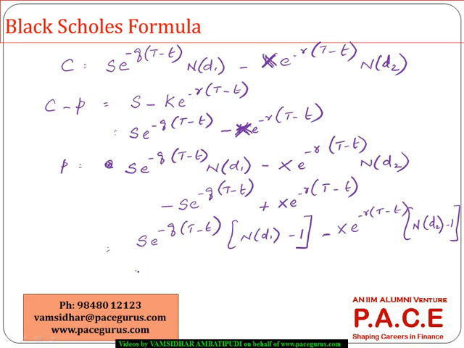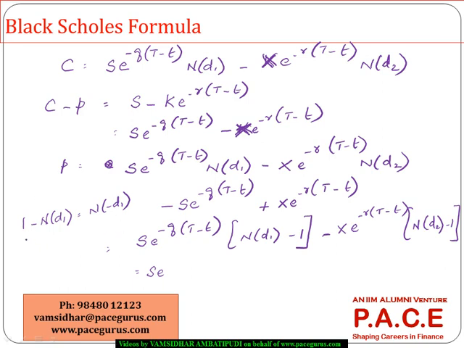So it is probably working out as we have seen earlier, 1 minus N(d1) is nothing but N(minus d1). So probably from here I can very well choose the mechanism, right?